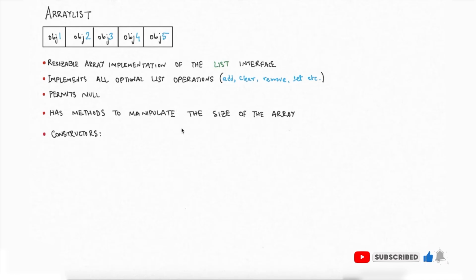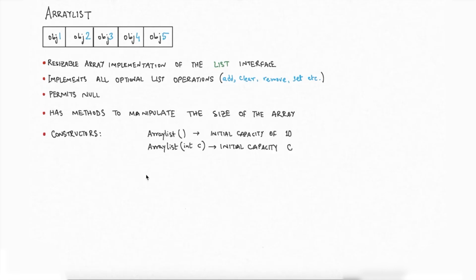There are a total of 3 constructors that ArrayList has, and we will look at the 2 basic ones. So out of the 3 total constructors, these are the 2 constructors that you will mostly be using. If you use just this constructor that does not have any input parameters, then an ArrayList is created with an initial capacity of 10. Which means that when the ArrayList is created, enough space for 10 elements is allocated for the ArrayList.